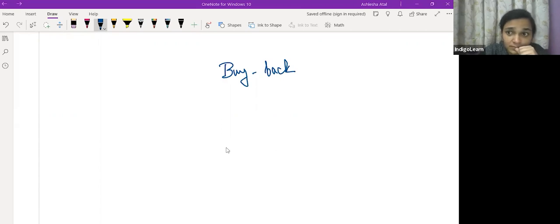Ma'am, what is buyback means? The company purchases its own shares. Hmm. So it will reduce the share capital of the company. Okay. But why does a company buy back? Don't know, ma'am. Okay. Anyone else? Reduce dilution, as in?